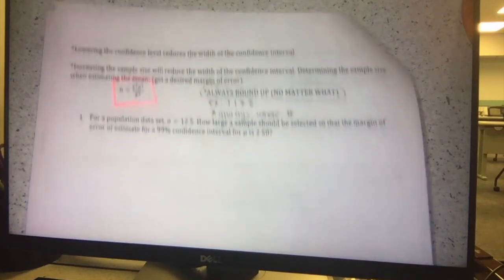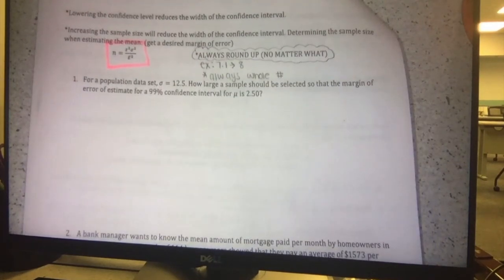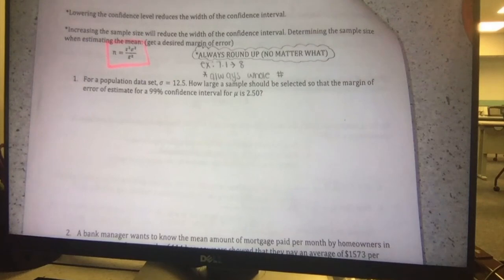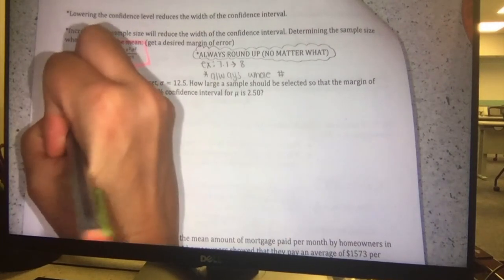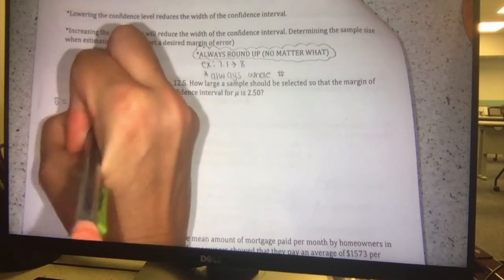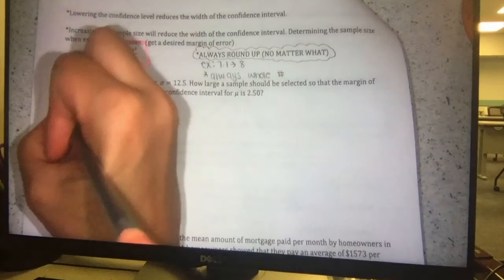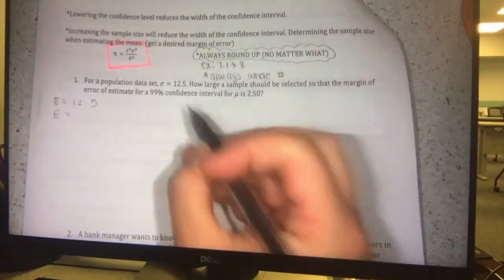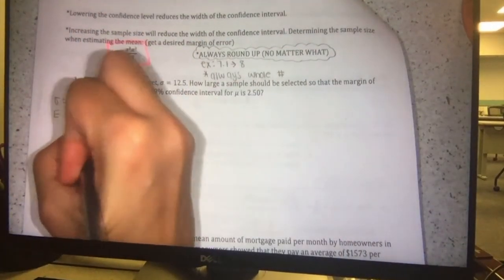So let's use this in an example. For a population data set, our sigma is 12.5. How large a sample should be selected, so what's our n value, so that the margin of error of estimate for a 99% confidence interval for mu is 2.50? They tell us our sigma is 12.5. We know our margin of error, our e, is 2.50.